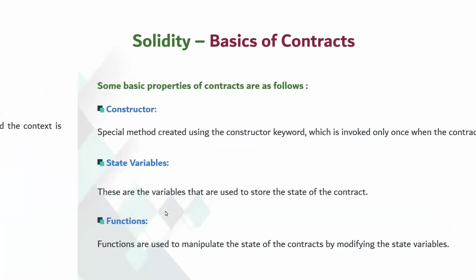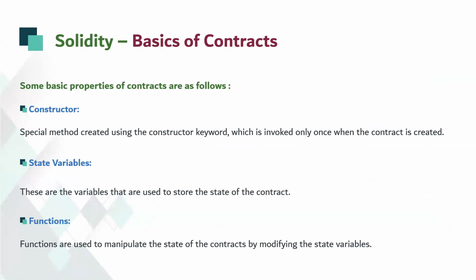Let's talk about some basic properties of contracts. First, we have a constructor. Actually, the constructor is a special method created using the constructor keyword in Solidity. It's invoked only once when the contract is created, typically during deployment.